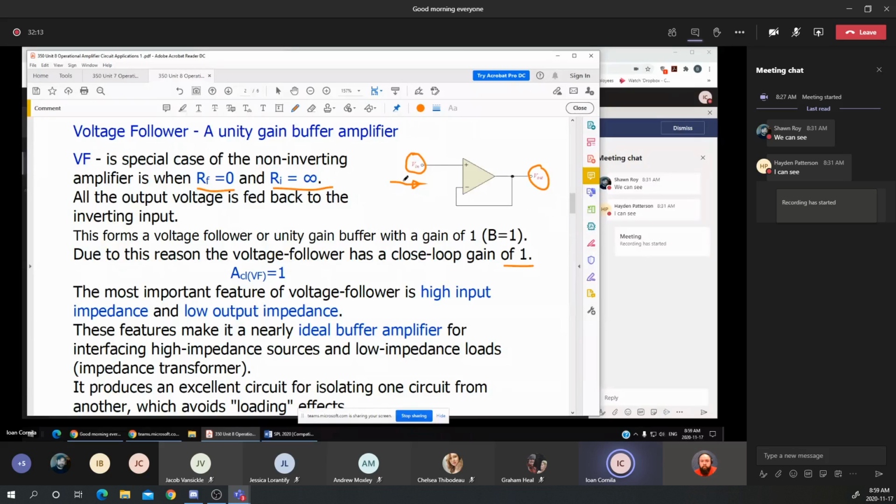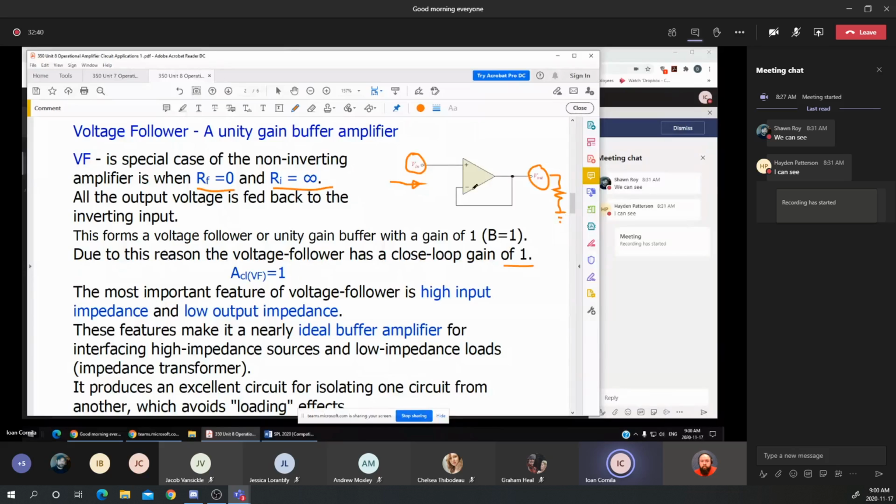You notice that without any gain, the voltage follower can be used as an impedance adapter. I'm adapting a very high impedance required by the Vin with a very low impedance required by the load of the circuit.